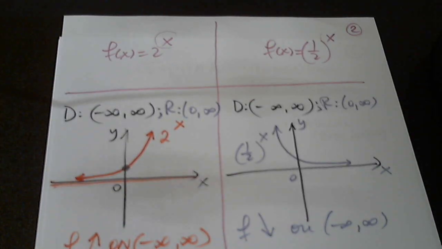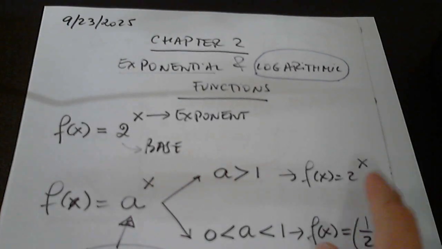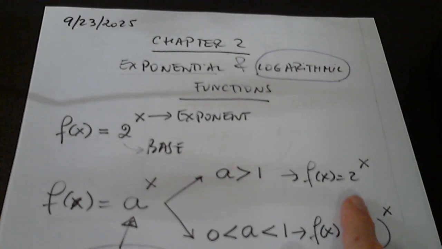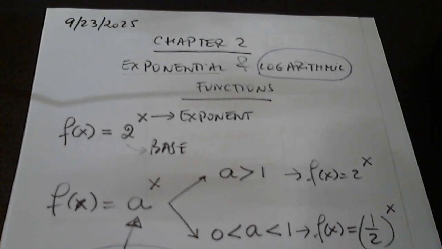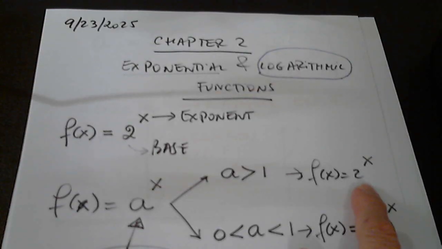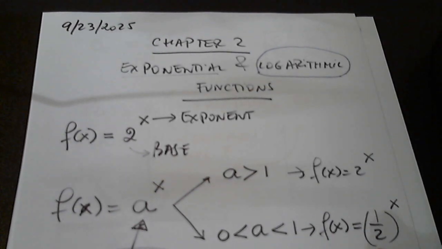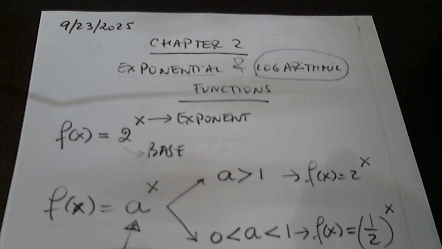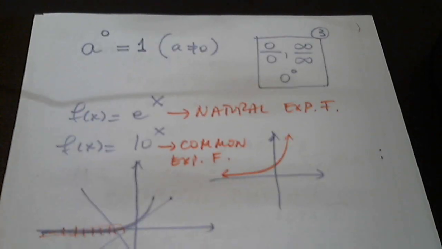The properties of the base are the same. So if the base is 2, log will have base 2 for the inverse function. If the base is e, the inverse function will be natural log. If the base is 10, the inverse function will be common log. If the base is 1/2, the base of the log will be 1/2 for the inverse functions property to be applied. Okay.